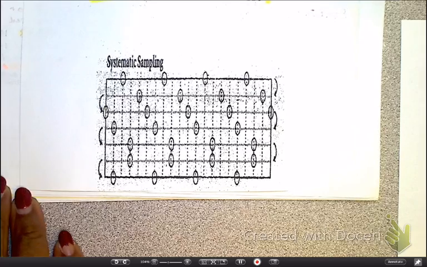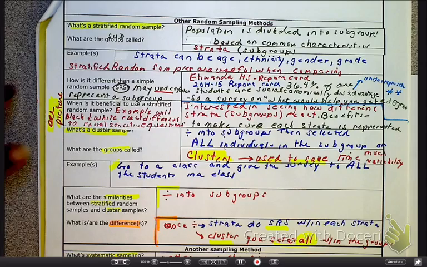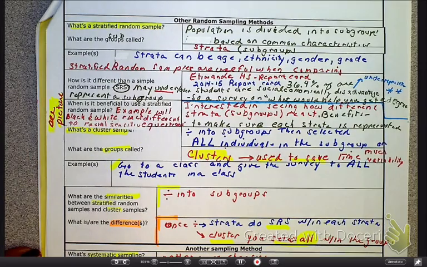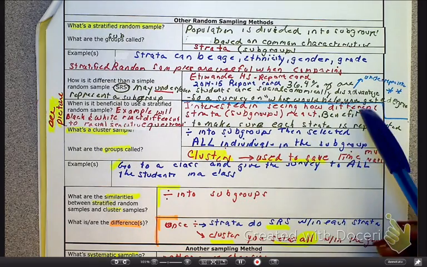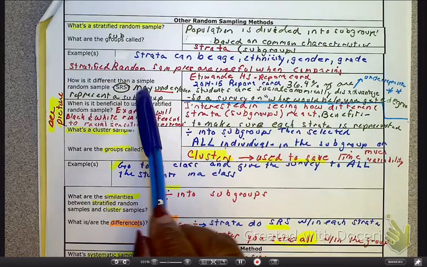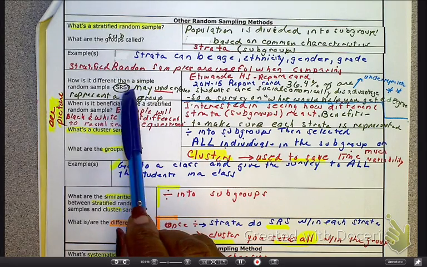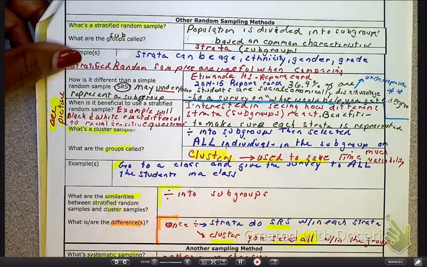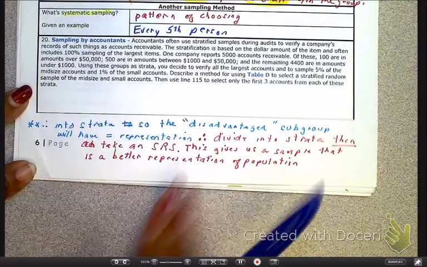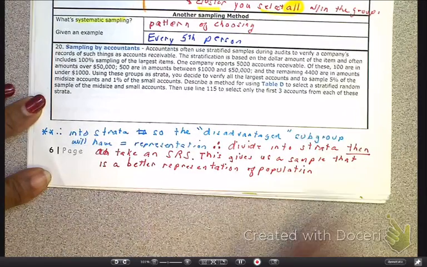So, let's continue. I need to add to something I said earlier. I notice I have some footnotes down here at the bottom of my page. But the idea here in terms of how is it different from the SRS? Again, SRS may not give us, it will underrepresent particular populations. So, as I mentioned here, and I did say this, I just didn't have it in writing.